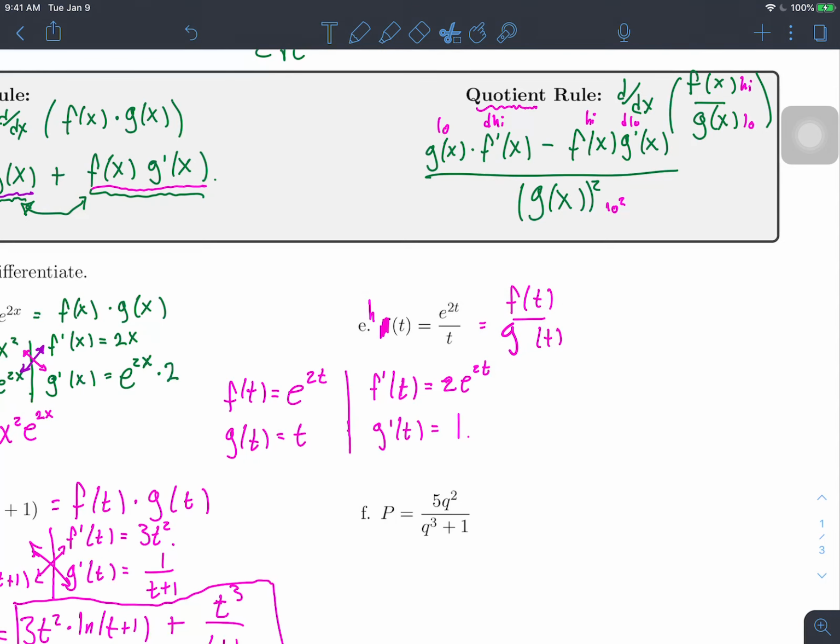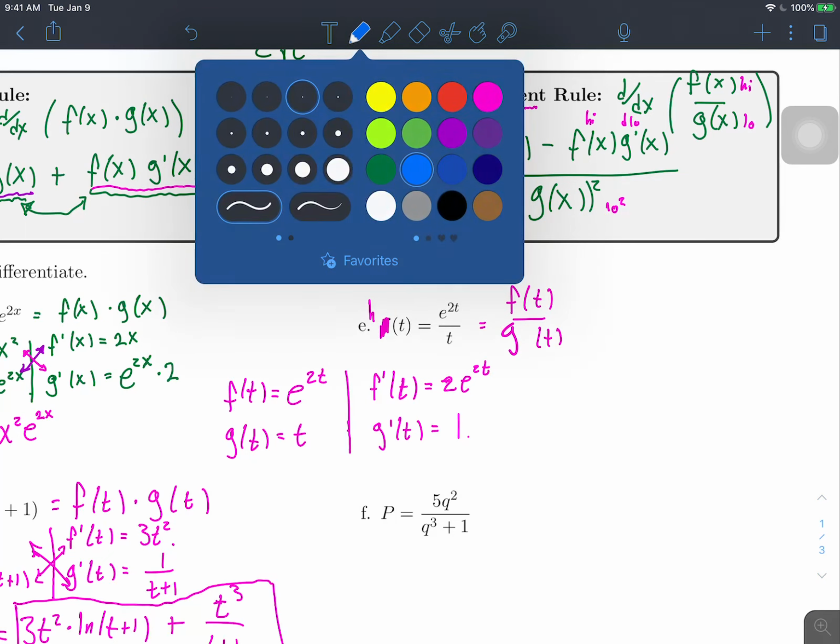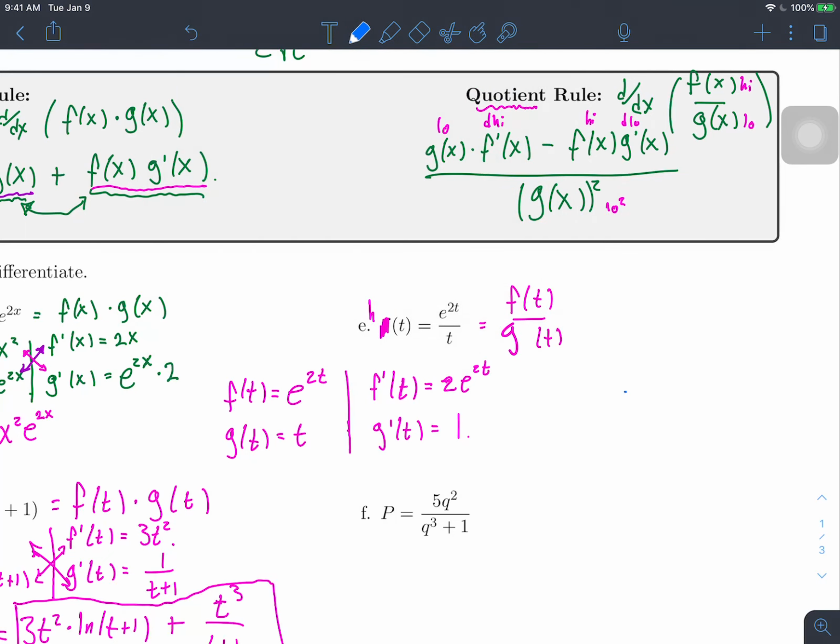All right. So now we just need to plug into the formula. We know we should do low D high minus high D low all over low squared. So what comes first? And it does matter that this comes first. H prime of t equals this fraction. What comes first should be g, regular g, times the derivative of f.